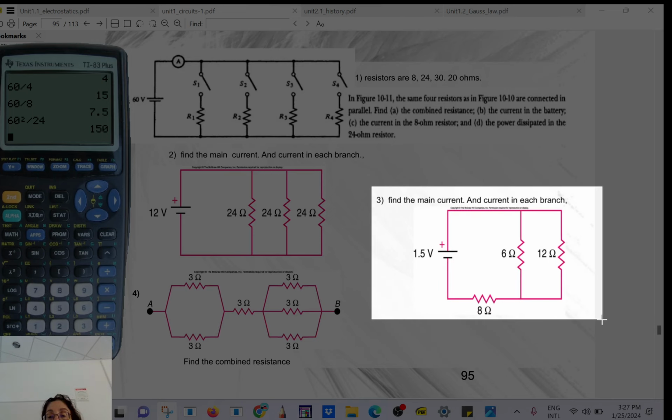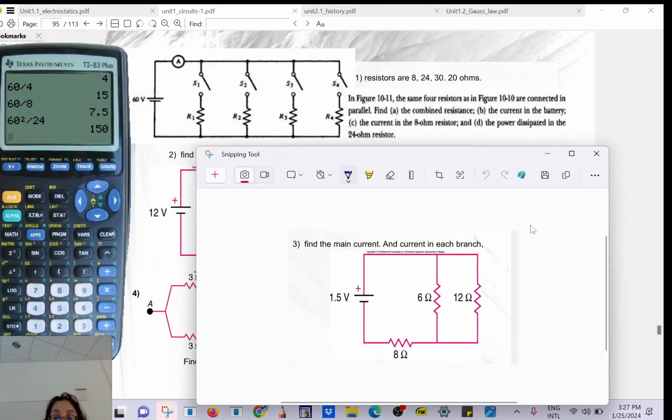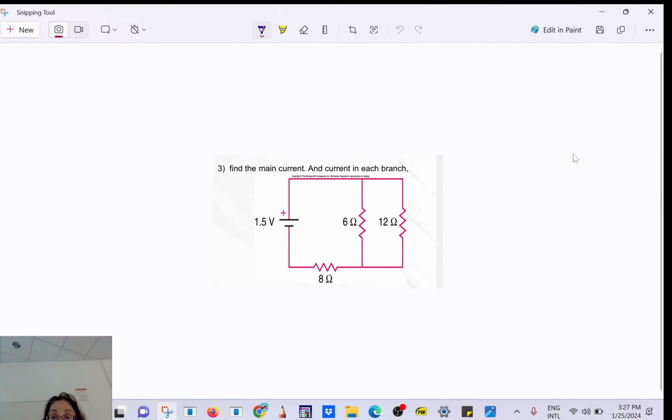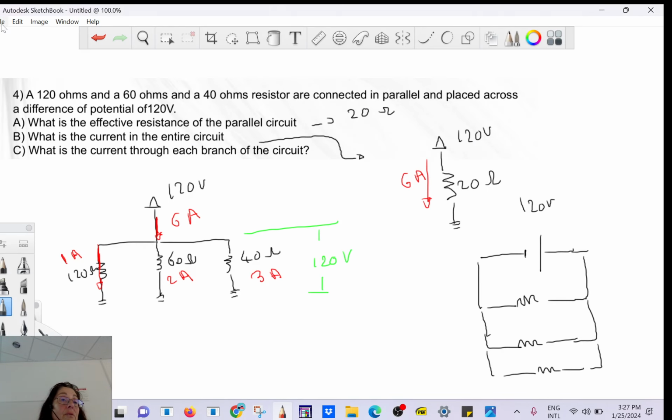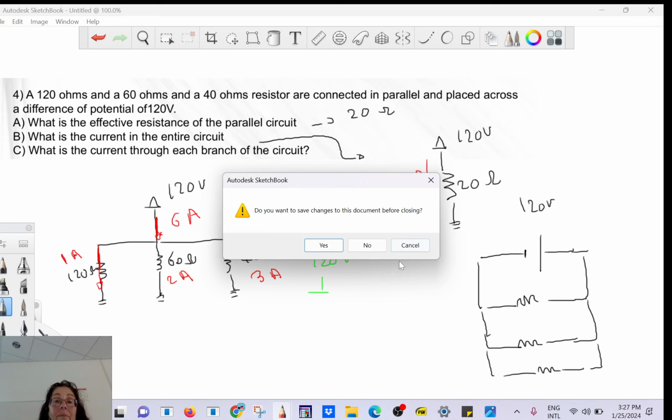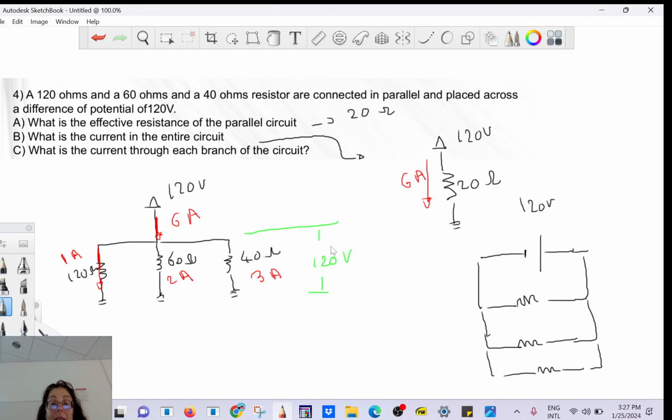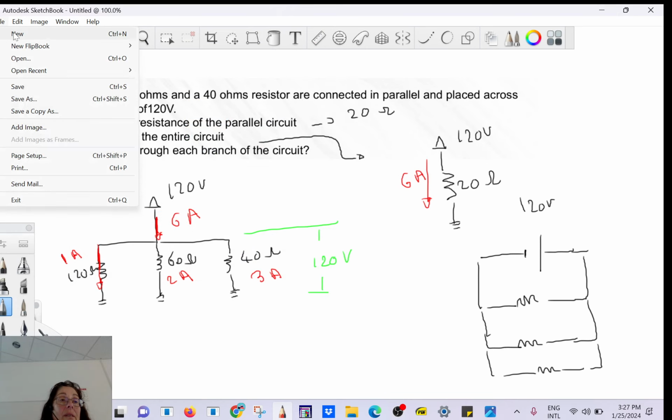You can also do it in your head, but we're going to split it. First, we're going to find the equivalent resistance for the parallel one. So now the goal is to find the equivalent resistance.